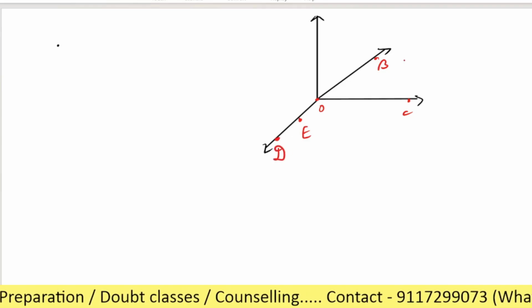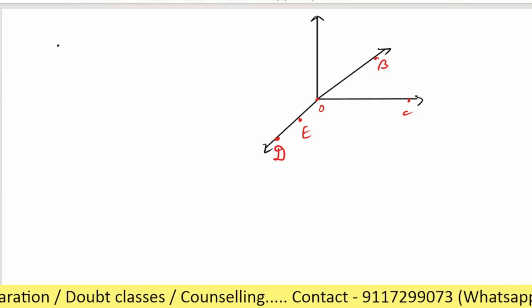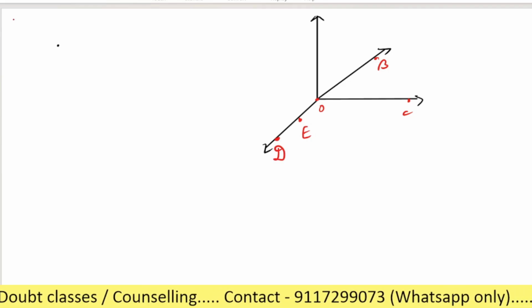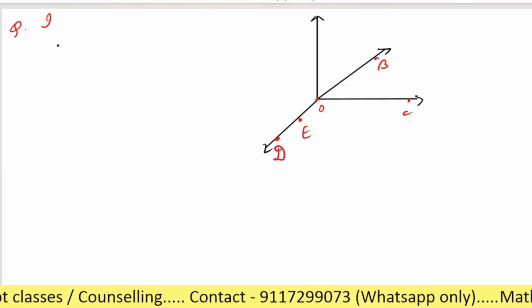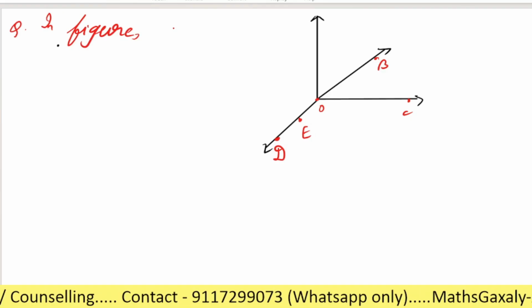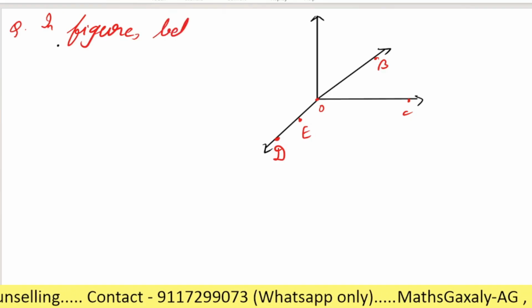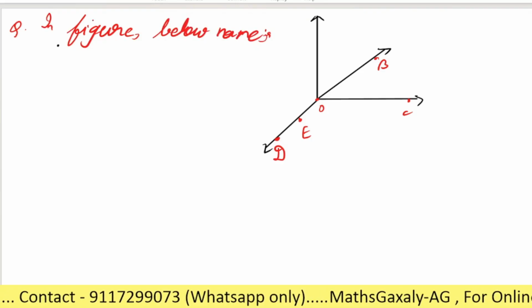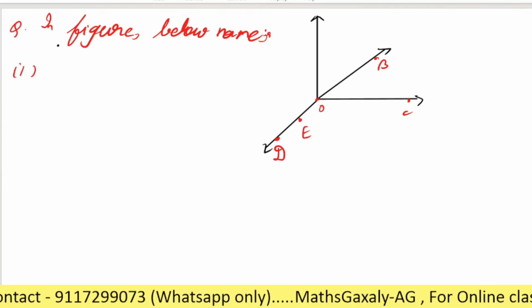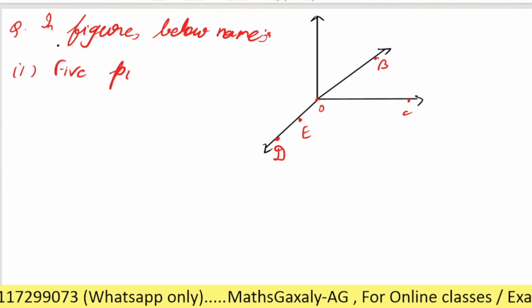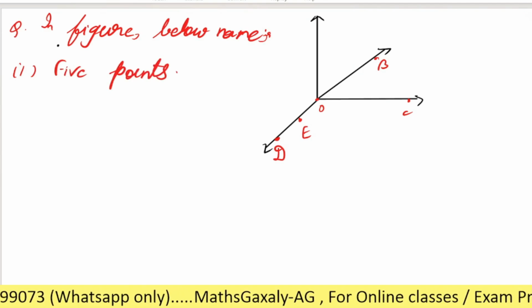So it says that in the given figure below, name the five points. What are the points you can see in the figure?